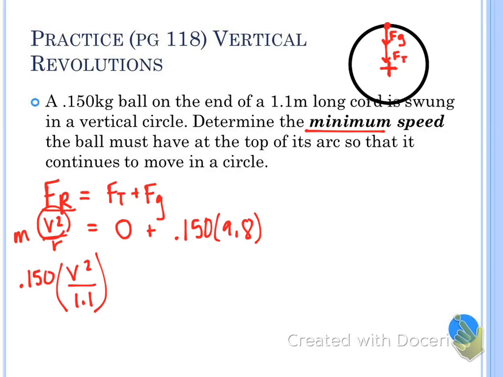As it rotates, that whole length of the chord is considered the radius, so don't split that in half. Go ahead and do the algebra. We need to solve for velocity.